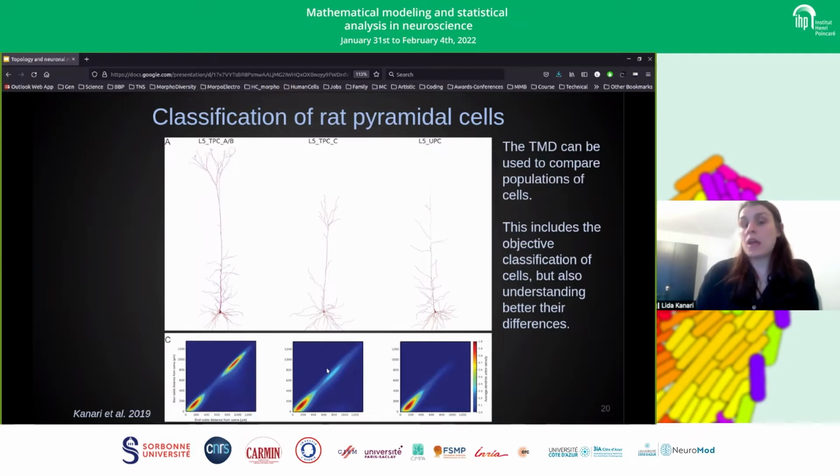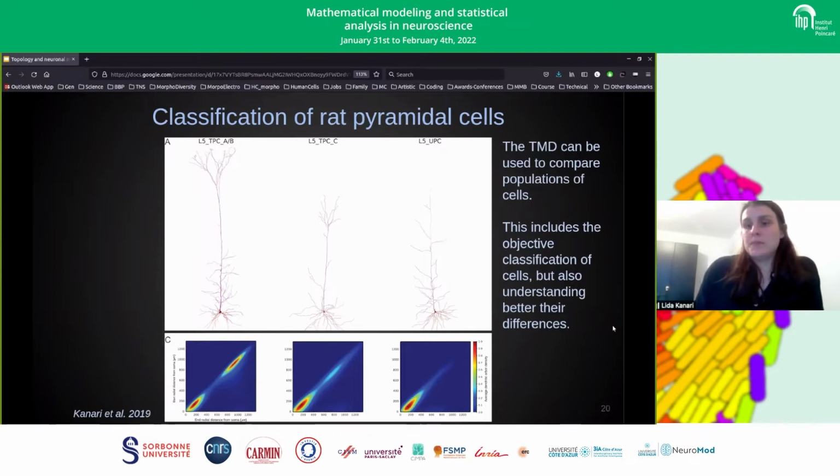Then we have the tuft that has a different shape, which is much smaller, and these are termed small pyramidal cells. And then finally, we have pyramidal cells that are lacking completely this tuft, and they are untufted cells. This way we could objectively classify the neural types within the rat.